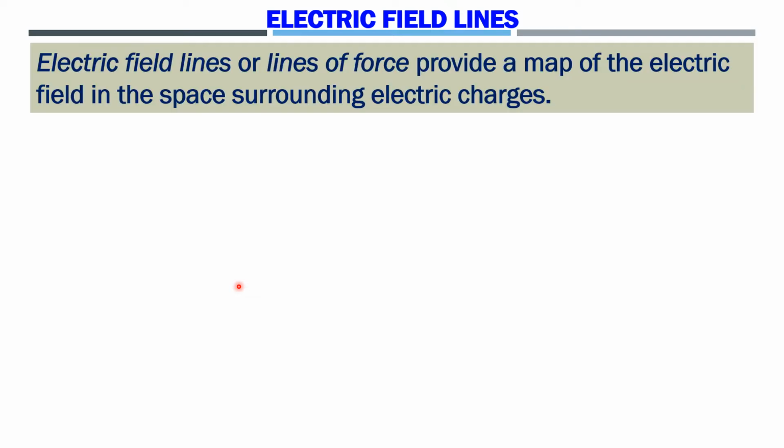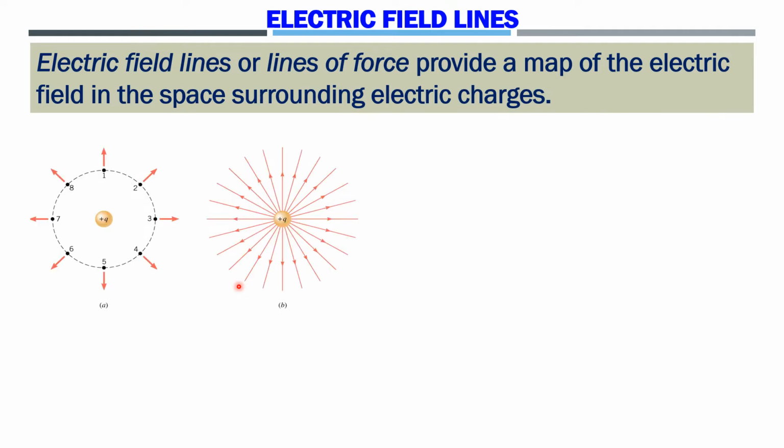Before we discuss quantitative problem solving, let's have more concepts related to electric fields. Now we'll talk about electric field lines. These are lines of force that provide a map of the electric field in the space surrounding electric charges.